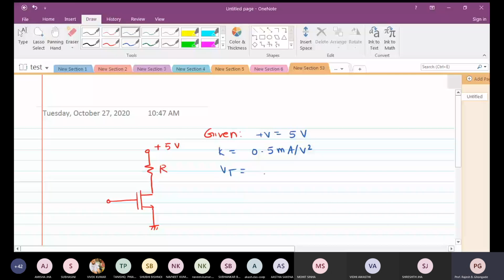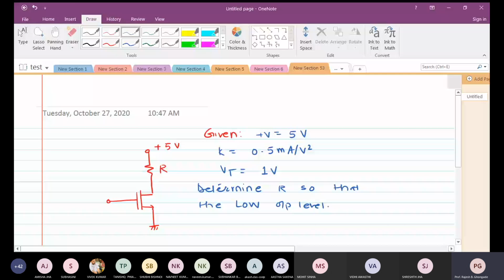Your task is to determine R so that the low output level is 0.2 volts.